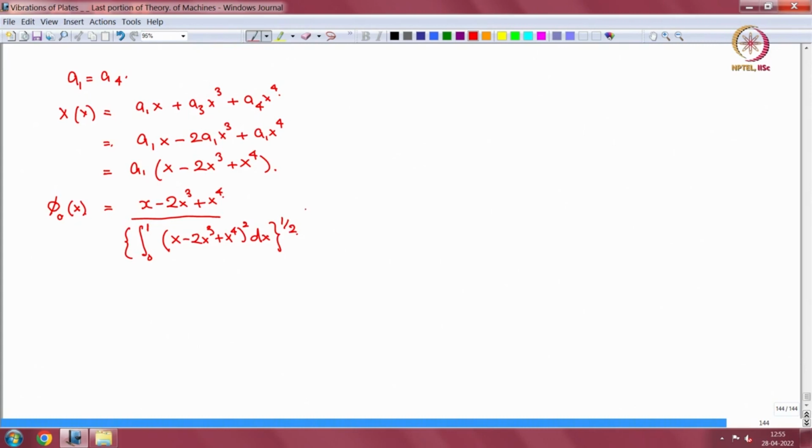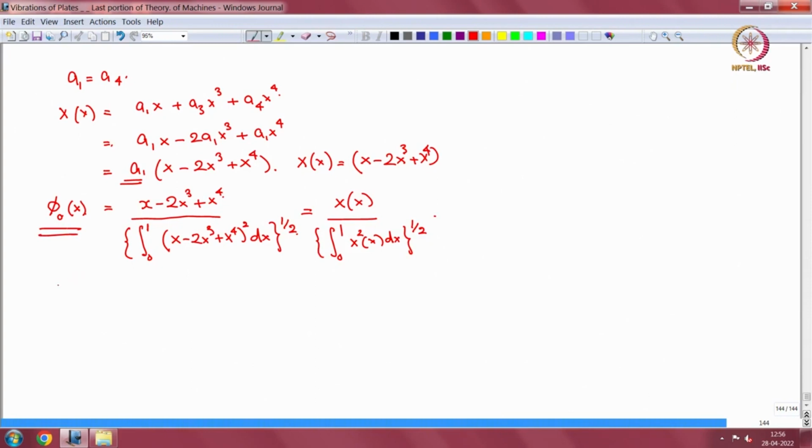Which is just as if I say that my new function X of x is just x minus 2x cube plus x fourth without that arbitrary constant. This is X of x divided by the square root of integral 0 to 1 X square of x dx. That is phi 0, the first one in the x direction.